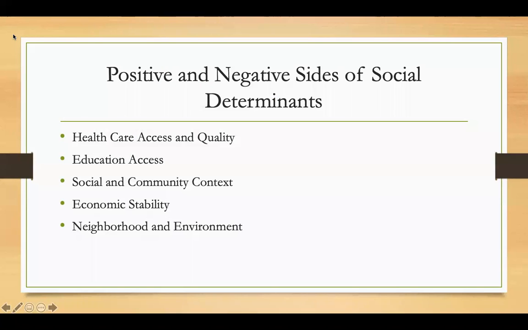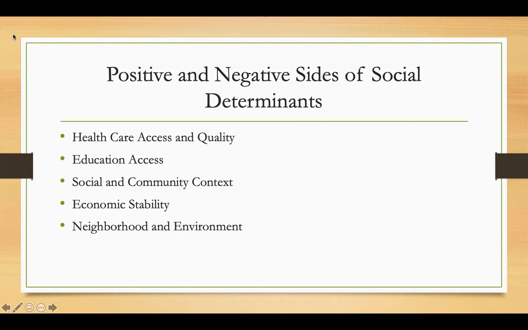So positive and negative sides of social determinants. So again, we have healthcare access and quality, education access, social and community context, economic stability, and neighborhood and environment. I'm going to talk about each one of these things. When I say positive and negative sides of social determinants, what I mean is that, for example, there's kind of two spectrums in society. There's a really rich and there's a really poor, and we have that middle ground, which is kind of lessening and lessening, right? It's kind of dwindling away.